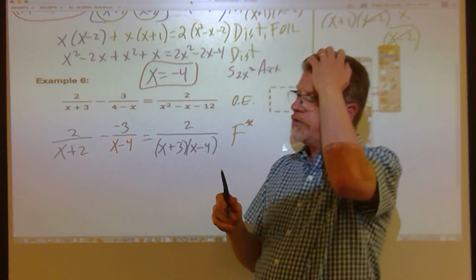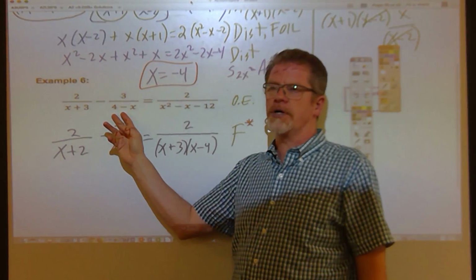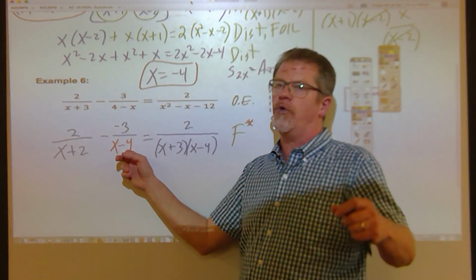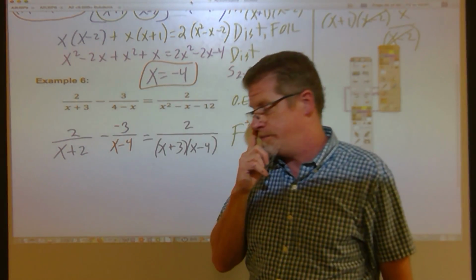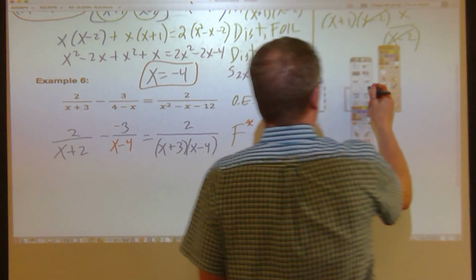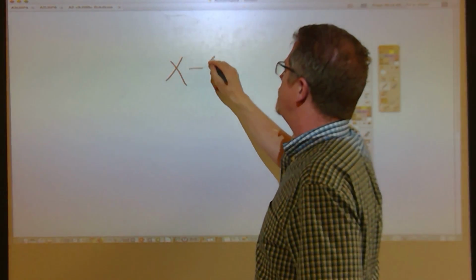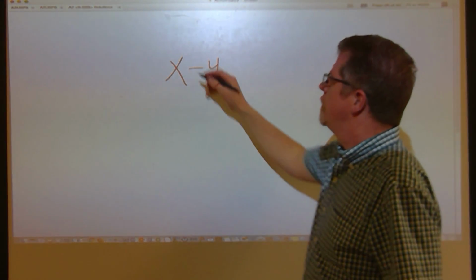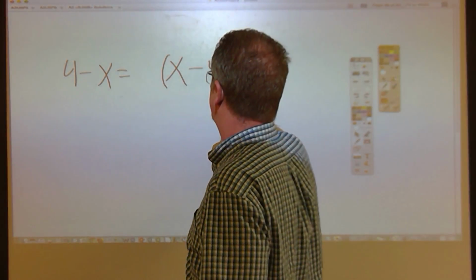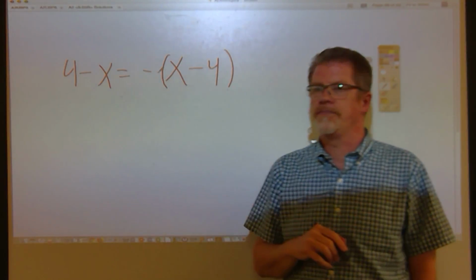So what I'm arguing here, just want to point something out. I'm arguing that 4 minus x is the same thing as x minus 4 multiplied by negative 1. And on a blank sheet here, is it really true that I'm allowed to replace 4 minus x with x minus 4 as long as I make it negative?